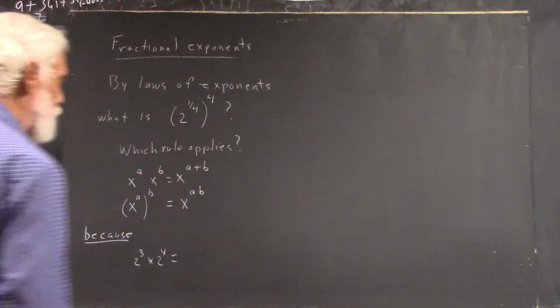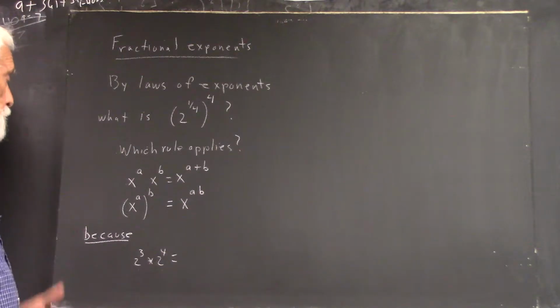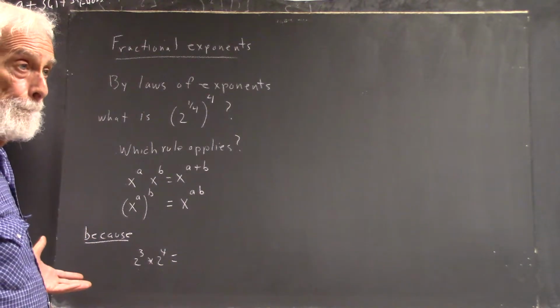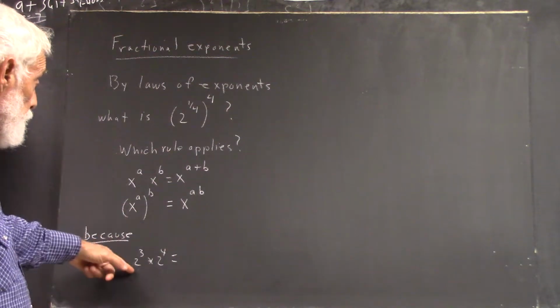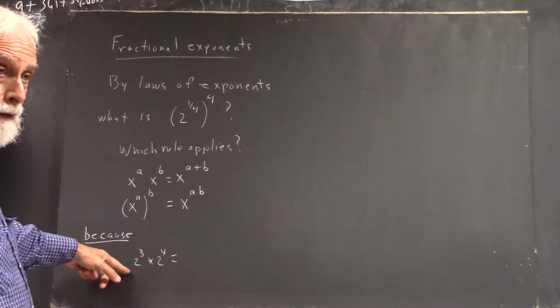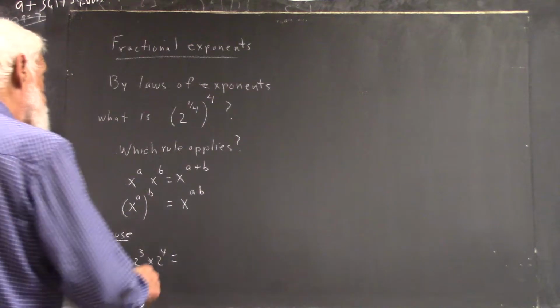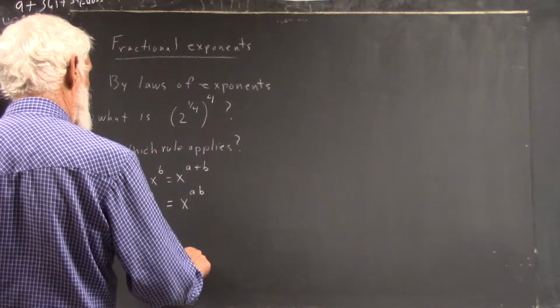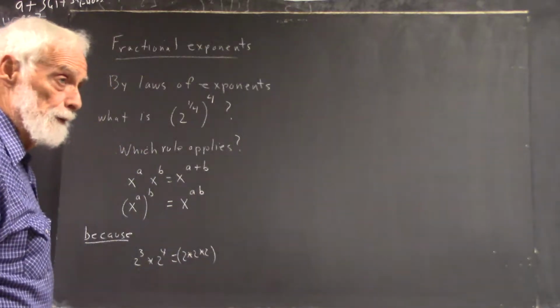What's 2 to the 3rd times 2 to the 4th? Well, which rule would apply? Does this rule apply to this, or does this rule apply to this? First one. Okay. What's 2 to the 3rd mean? Means 2 times 2 times 2.